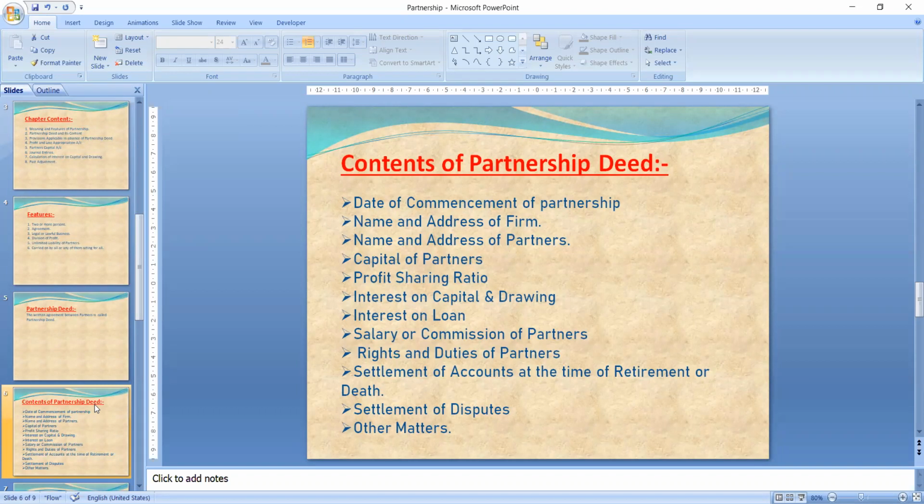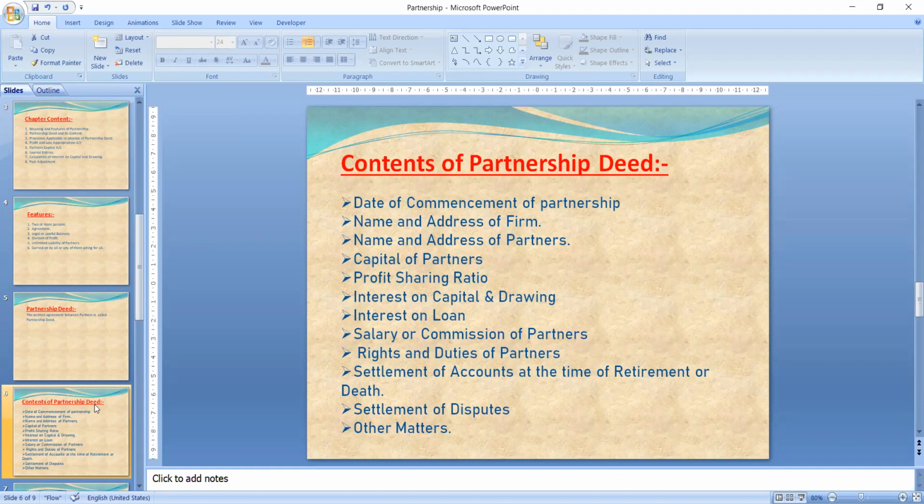After that, the name and address of the firm is written, and the name and address of partners is written second. All partners' names, their personal details, maybe their identity card number, or their address is written in the partnership deed.